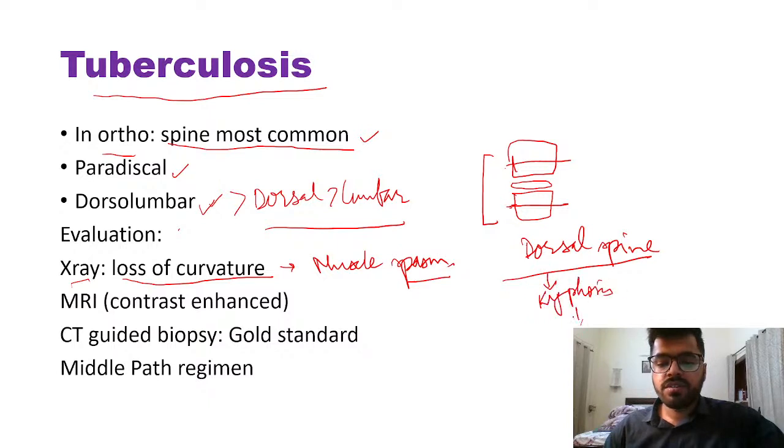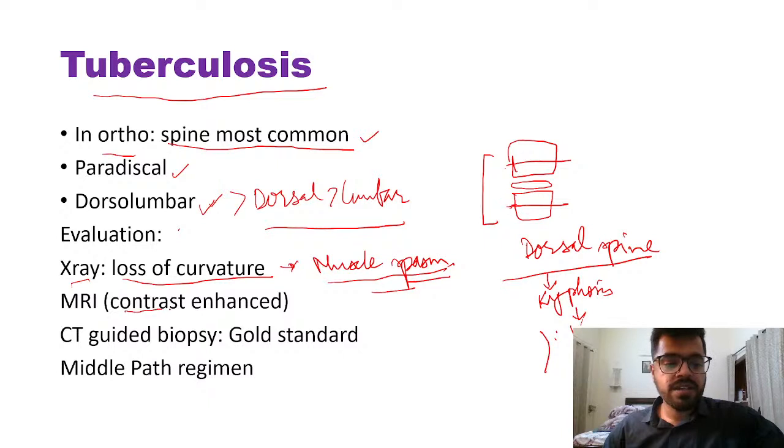That might be straightened out, or the lumbar spine, which has a lordosis, becomes straight. That is the loss of curvature due to muscle spasm. This is the change seen on X-ray.